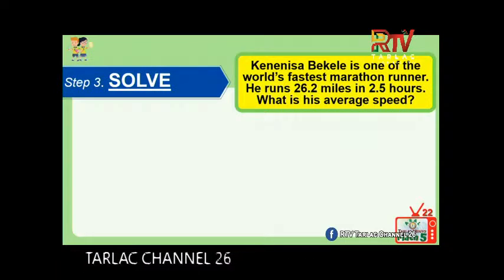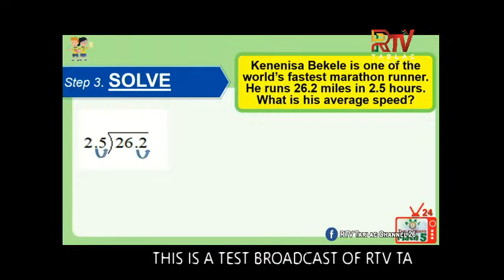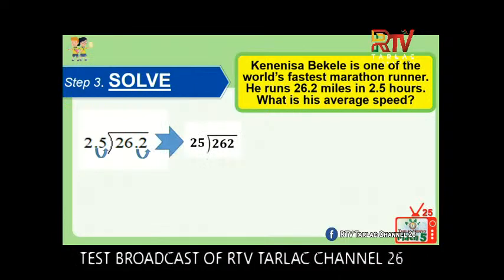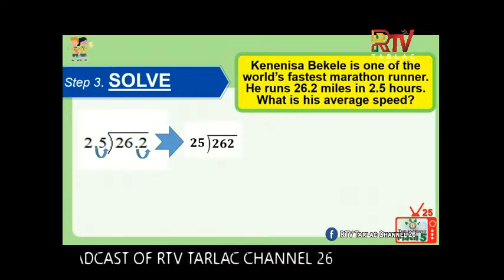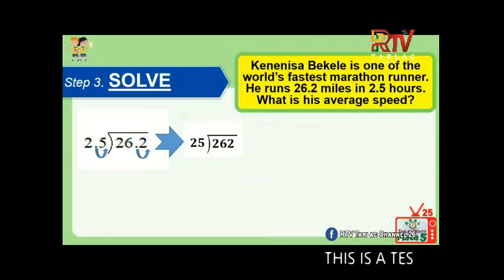Step 3, solve. To find the answer, divide 26.2 miles by 2.5 hours. As you have learned in your previous lesson, we need to change first the divisor into a whole number. Simply multiply it by 10, so 10 times 2.5 is equal to 25. Or move the decimal point to the right to make it a whole number.